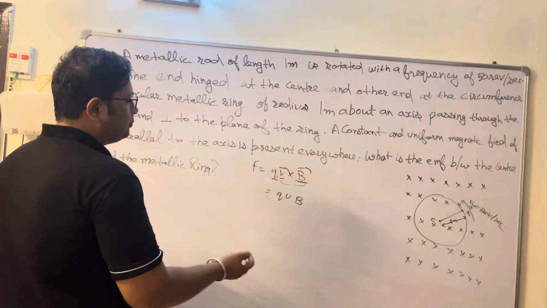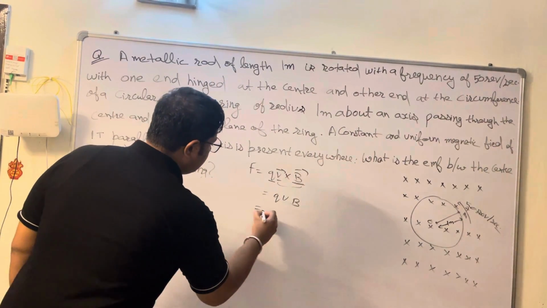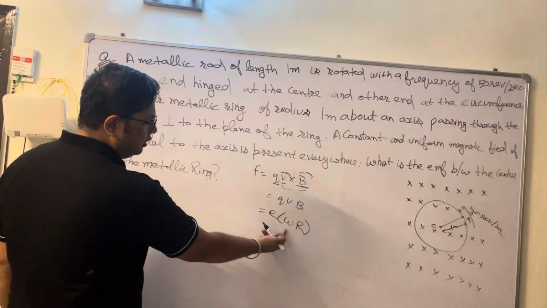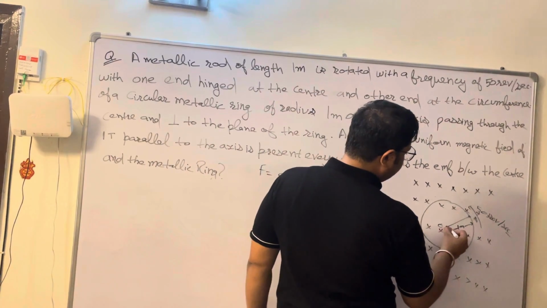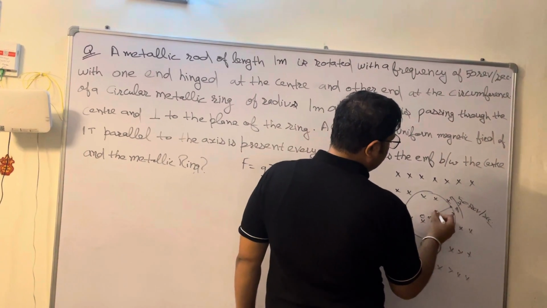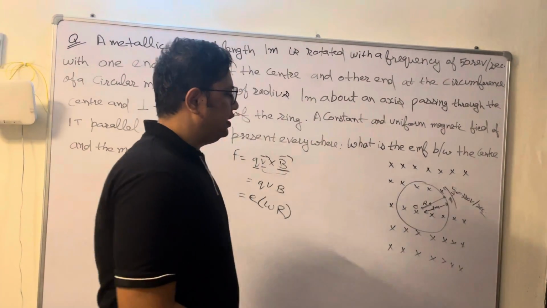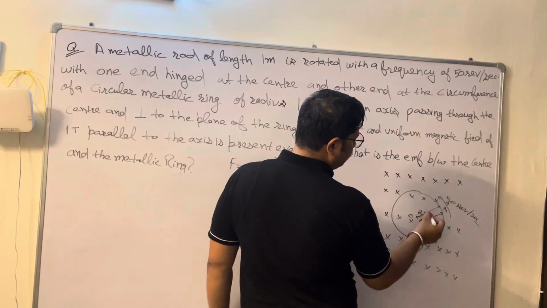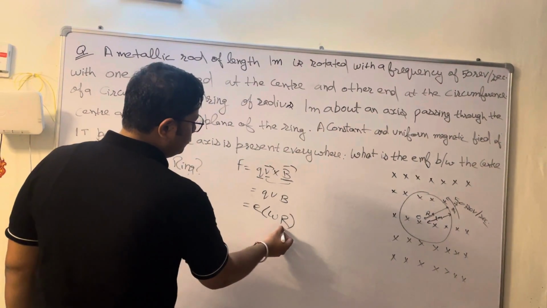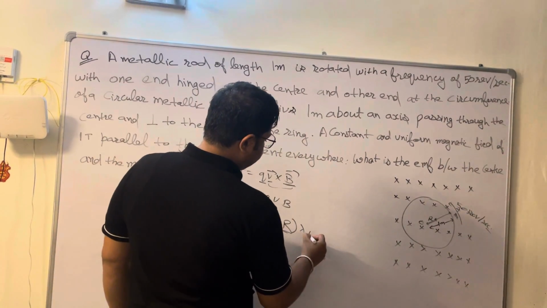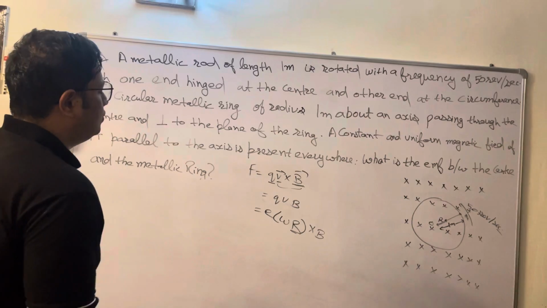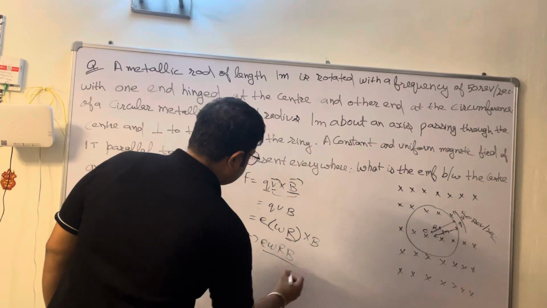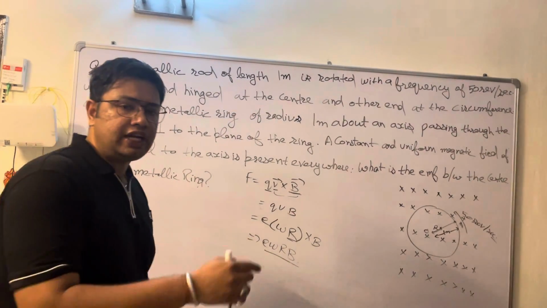Here we substitute the value of the charge: charge is e, and velocity is omega times R. Omega is the angular velocity of the rod, and R is the distance from the center of the point where we are calculating the force. Times B. So we get e omega R B as the force on the charge situated inside the rod.